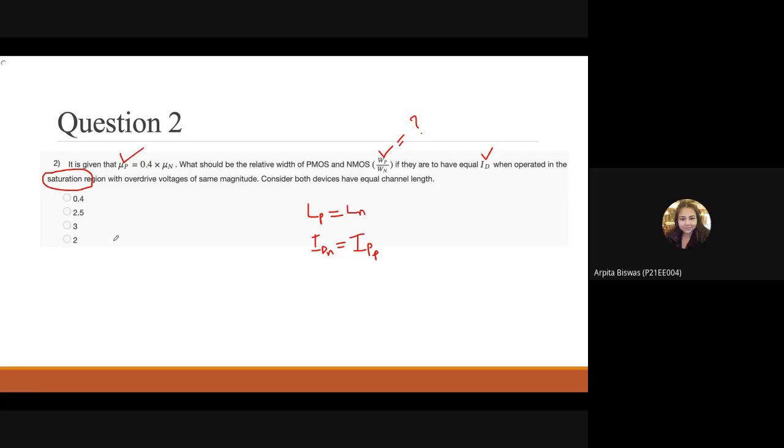Yes. So first, this condition is given: ID of NMOSFET equal to ID of PMOSFET. So just put all these values, ID NMOS equal to ID PMOS.